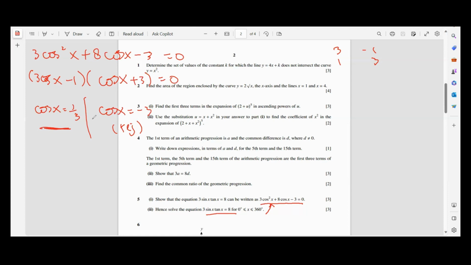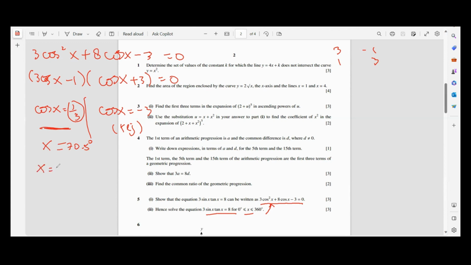So for cos, I got 70.5 degrees. So x equals 70.5 degrees. And then the range is until 360. Cos is positive, so this 1 over 3 is in quadrant 4 as well.